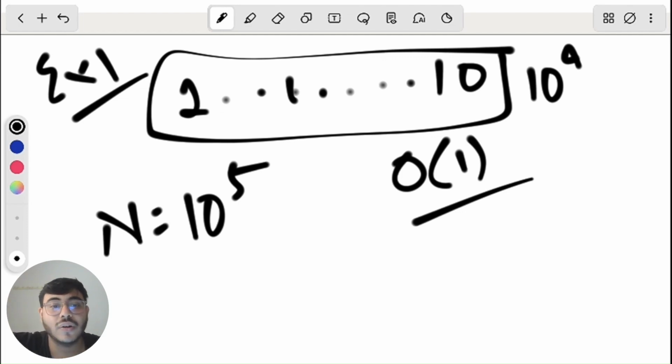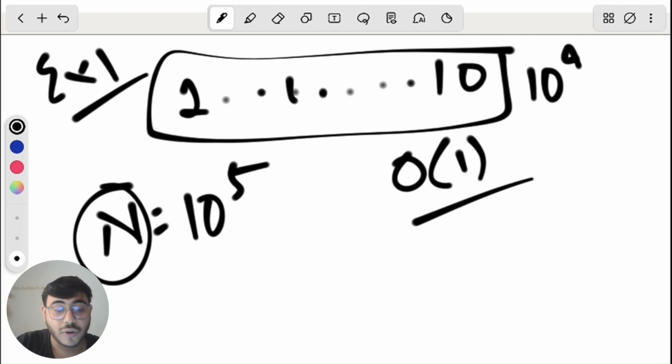In this case, we cannot say it's order one, unless we can say that 10 power of 5 is basically a lower limit and not the upper limit. If n was way bigger, then again it's fixed. But when the upper threshold on n is comparable to the fixed number of steps, then we cannot say it's order one. Remember this, it's very important. Here it's quite less, that's why it's order one.